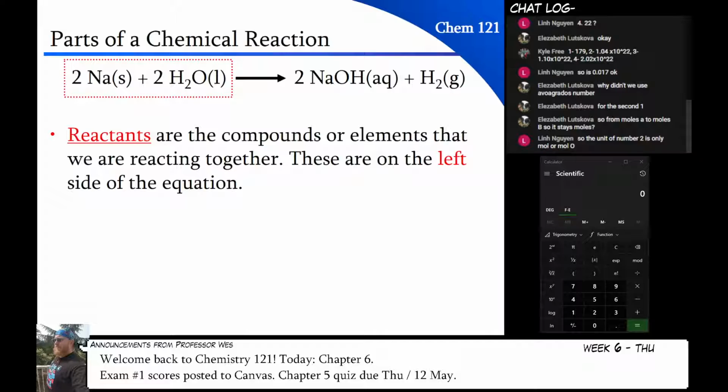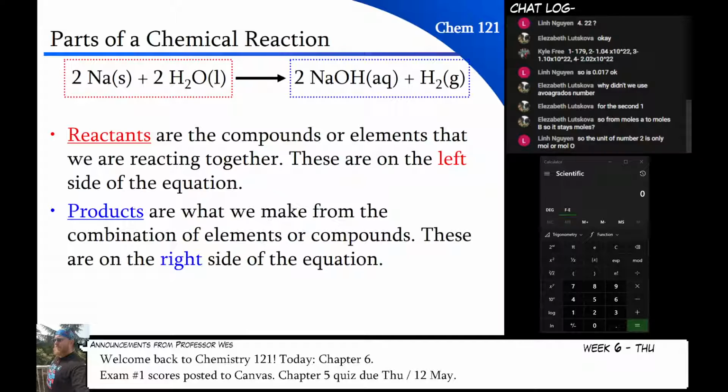If the reactants are what react, then what must be the result that goes on the right? Well, those are what you produce, or the products. So reactants on the left, products on the right. The arrow in the middle always points from reactants to products.